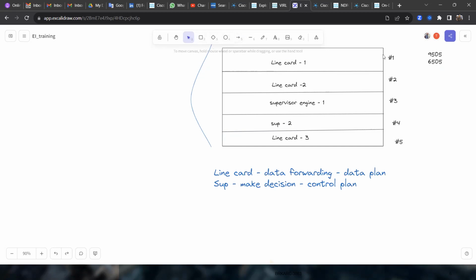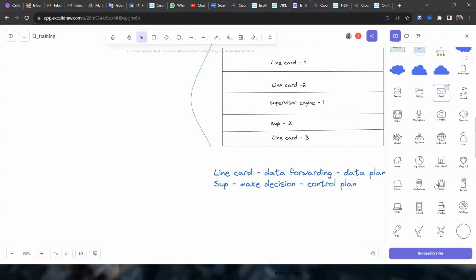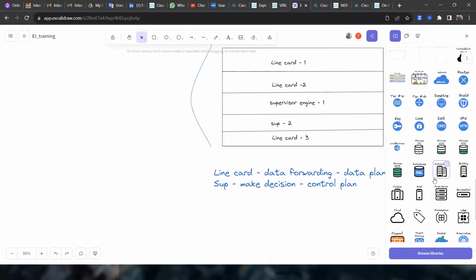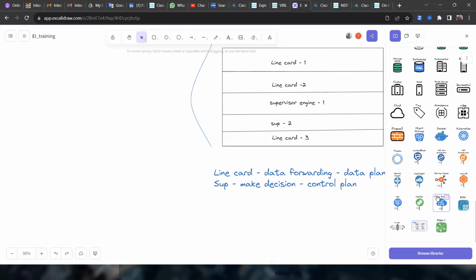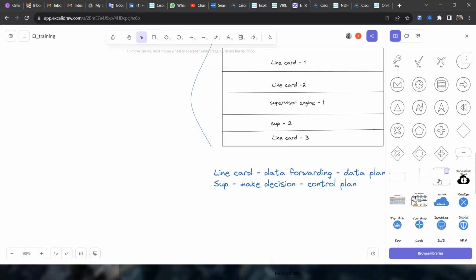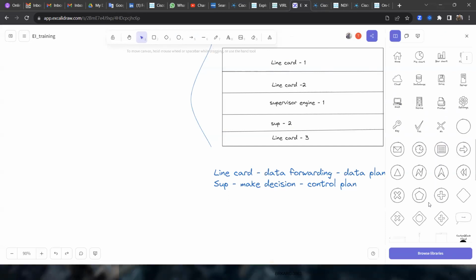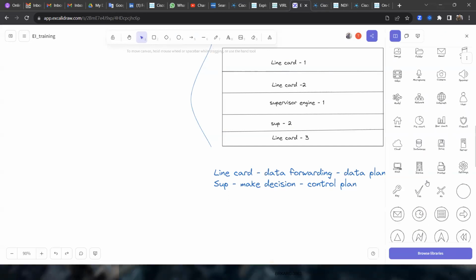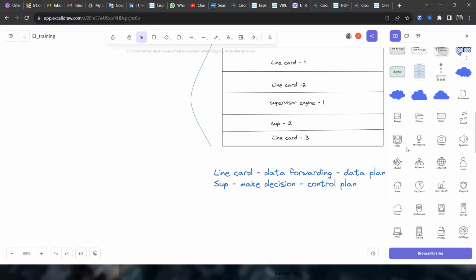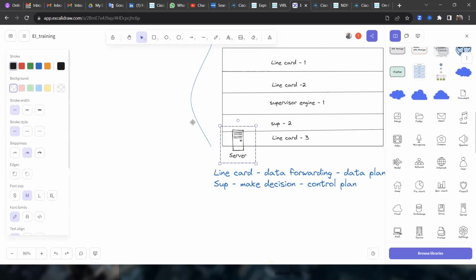Suppose you have some PC. Let me connect the PC to the line card, and you will understand that. Let me take some PC icon. Router is there, switch is there, server is there. So suppose you have a server.